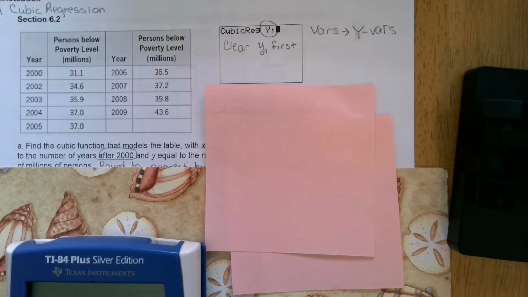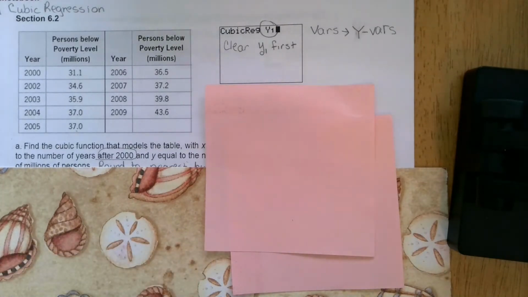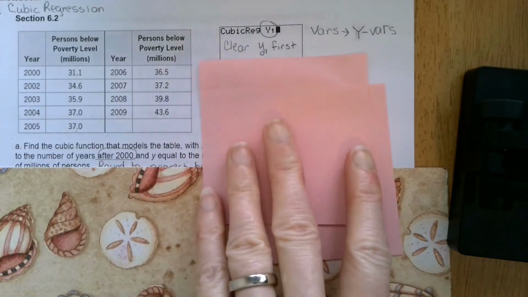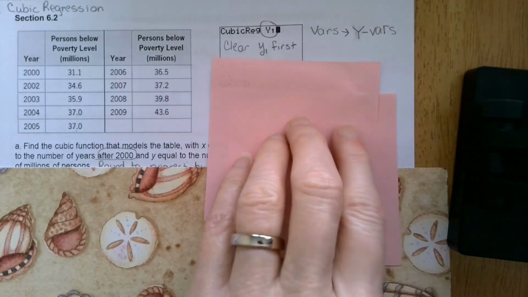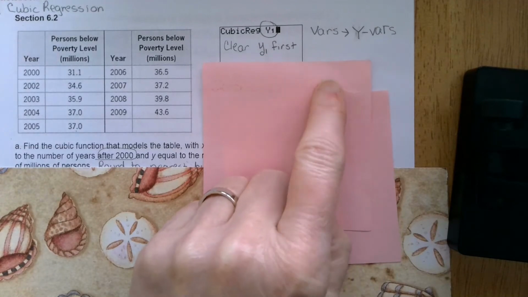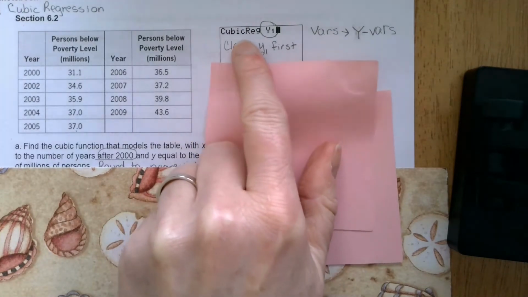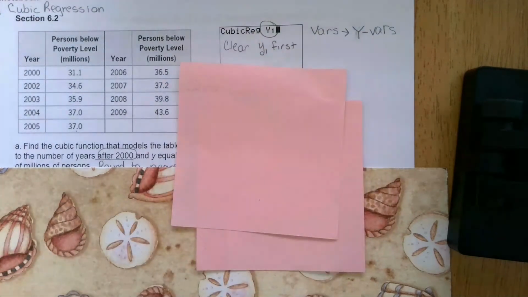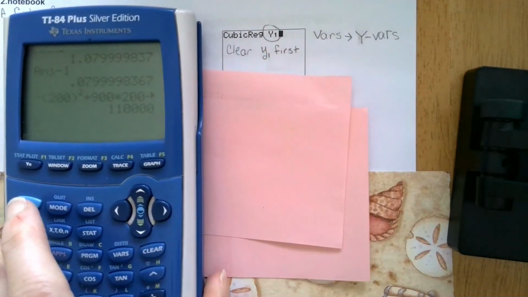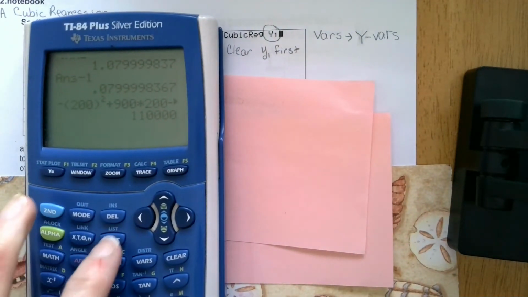After we do that, we want to be sure to get the regression equation stored in our y equals screen. One way to do that is if your calculator comes up when you pick cubic regression. Let me get my calculator here for you.